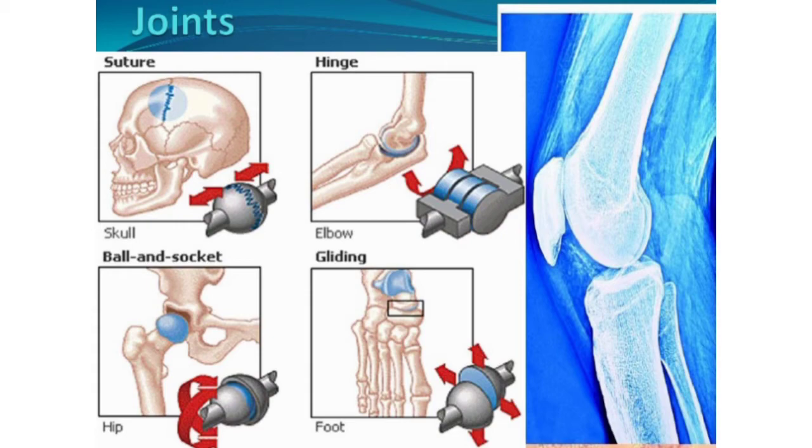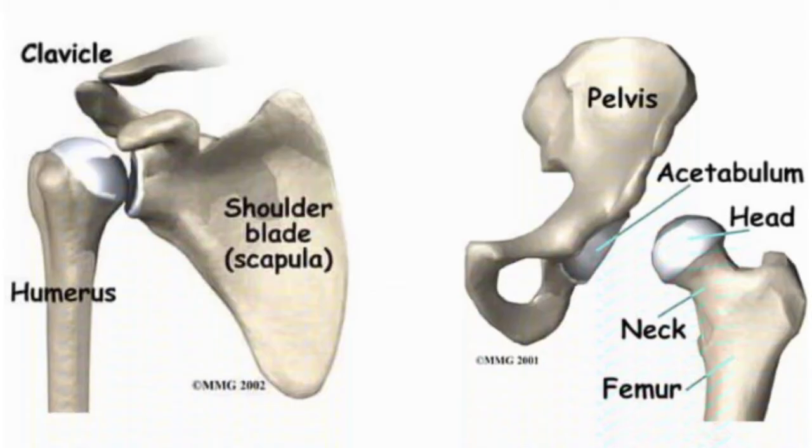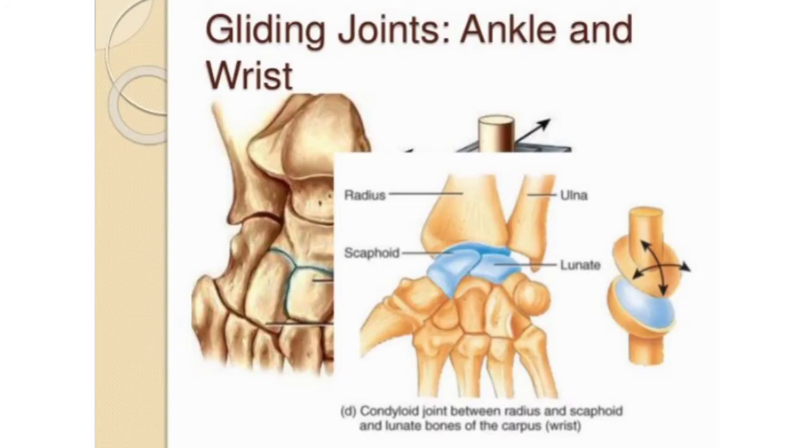Ball and socket joint, gliding joint, hinge joint, pivot joint and saddle joint. Ball and socket joints are present in our shoulder and hip. Gliding joints are present in wrist and ankles.